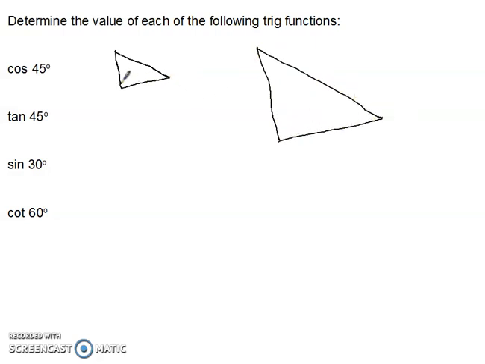The cosine of 45 degrees says that it doesn't matter how large or small your triangle is. If I look at that adjacent side and compare it to my hypotenuse, that ratio is going to be the same regardless of how large or small your triangle is.